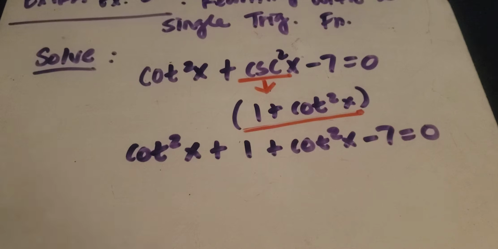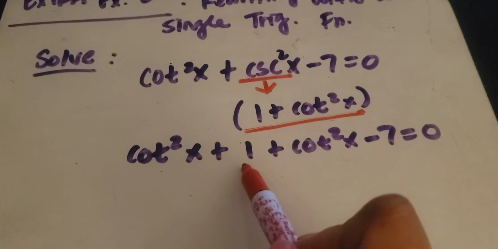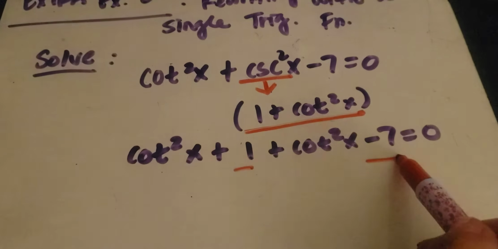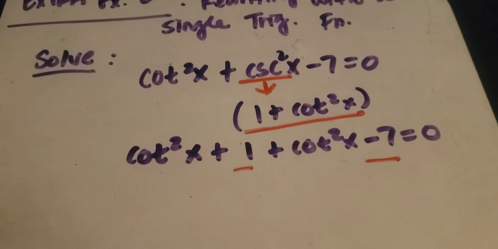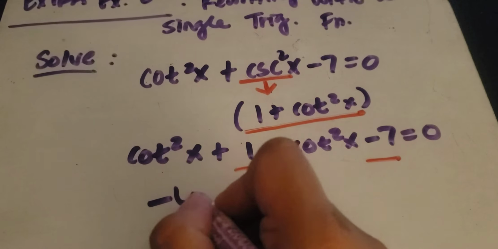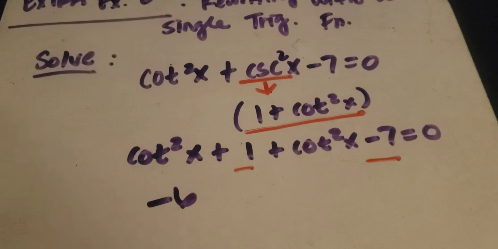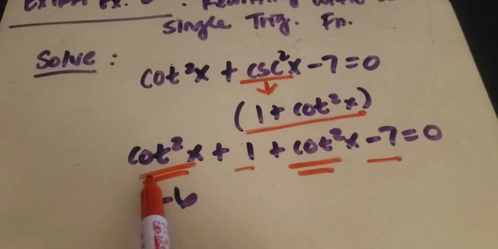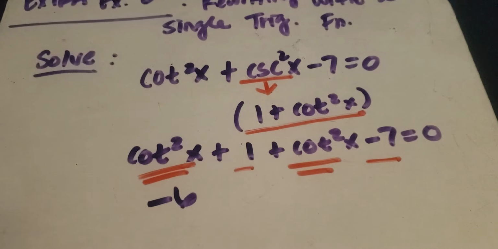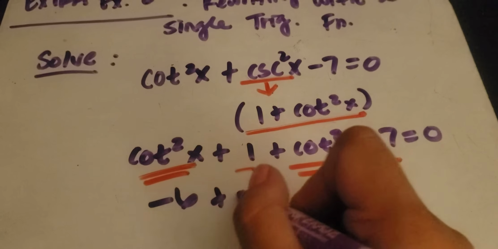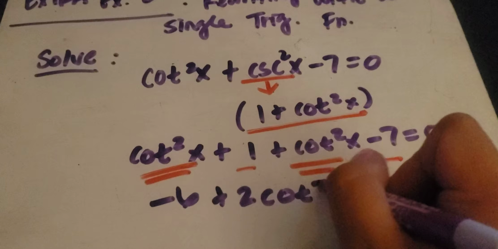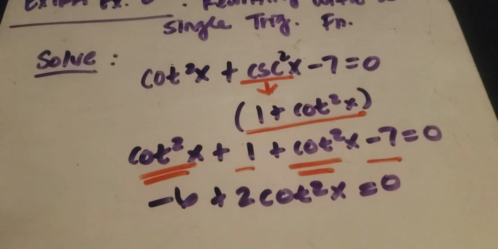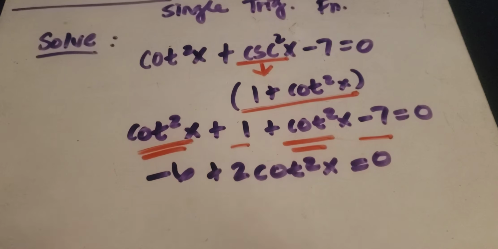The first thing I notice I can do is combine like terms. Our constants, 1 minus 7, give negative 6. And then I can combine our trig terms: cotangent squared of x plus cotangent squared of x gives 2 cotangent squared of x minus 6 equals 0. Let's keep going because our goal is to isolate cotangent.